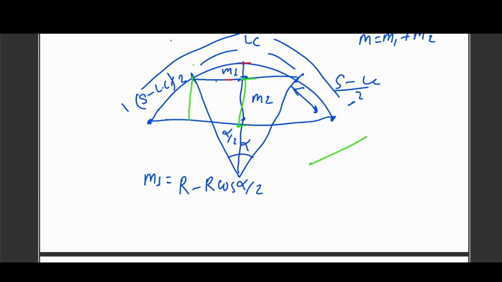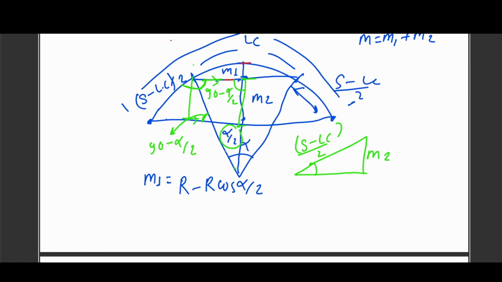Looking at this curve, this is s minus LC whole by 2, and this is m2. What will be this angle? Look here. This is alpha by 2. This is 90 minus alpha by 2. The lines are parallel to each other, so this angle will be 90 minus alpha by 2, right?